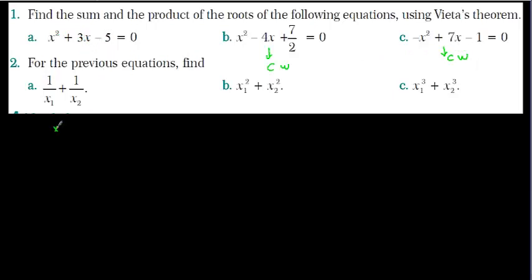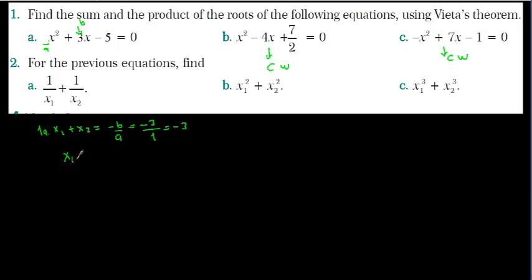It's obvious that for the first one, 1a, x1 plus x2 is equal to minus b over a, and here b is 3, so minus b over a is going to be equal to minus 3 over 1, because a is equal to 1 here, which is equal to minus 3.